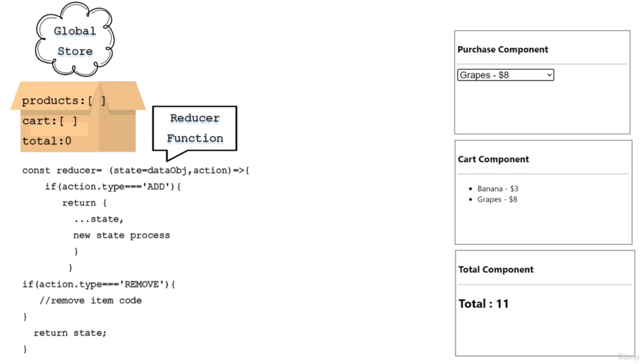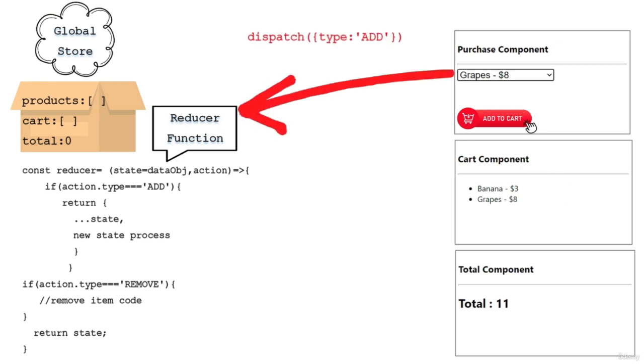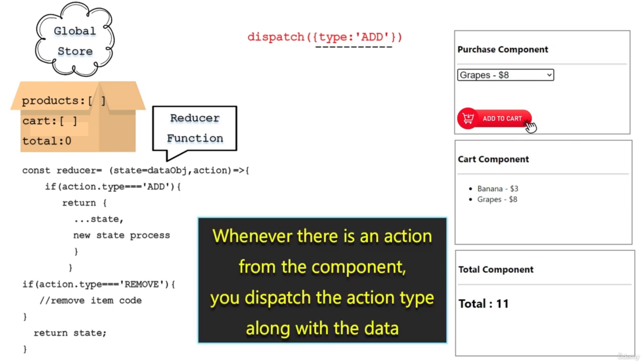In Redux, whenever there is an event, let's say here you have the add to cart button, and when the user clicks, it should actually dispatch the action to the reducer. Now if you see this dispatch, there is an object literal here in the dispatch method. So whenever there is an action from the component, you dispatch the action type, and also you may have some data.